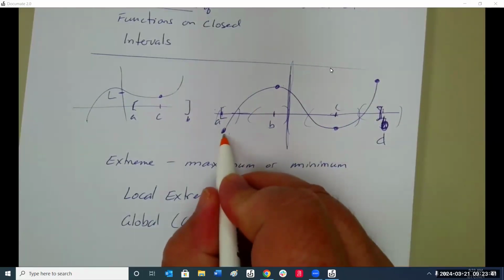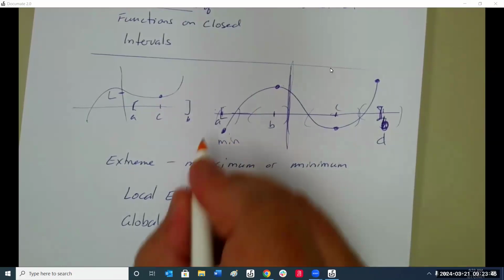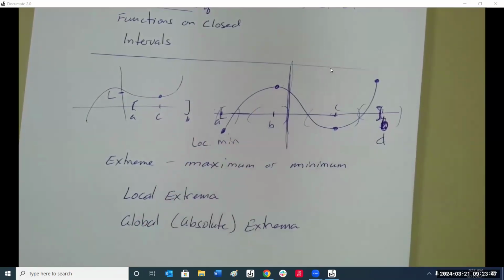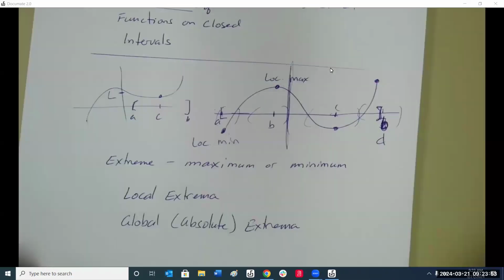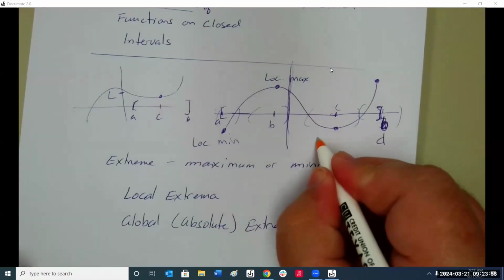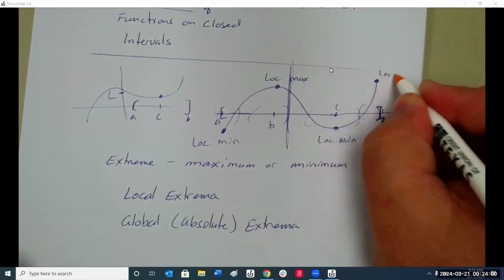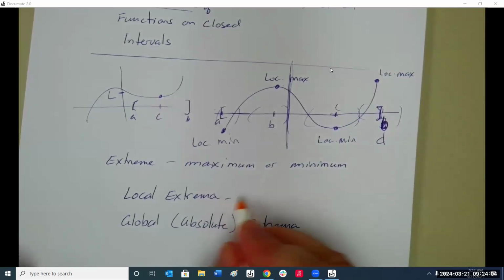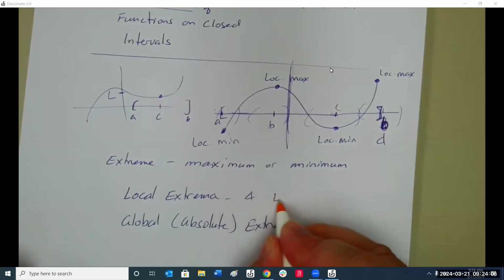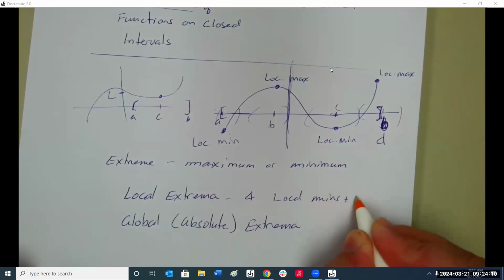Is this a max or a minima? It's a minimum. It's a local minimum because minimum means lowest, smallest. This one is a local maximum. This one, local minimum, and this one is a local max. So we have 4 local mins and maxes.